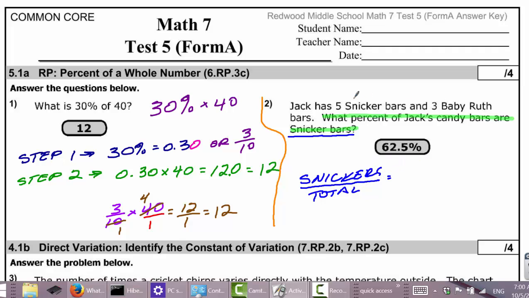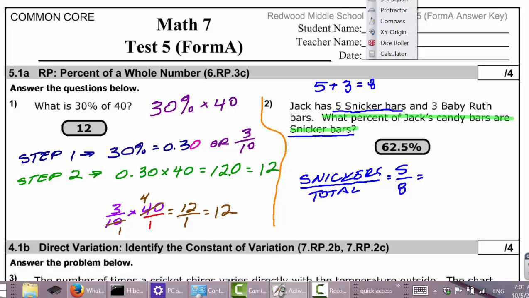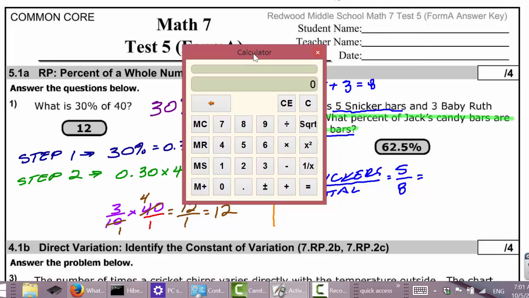So the Snickers bars, they tell us there are 5 of them. And the total, well, we've got those 5 Snicker bars plus 3 Baby Ruth bars. That gives us 8 altogether. And so we want 5/8 as a percent. And 5/8, when you divide, let me bring down my calculator here.